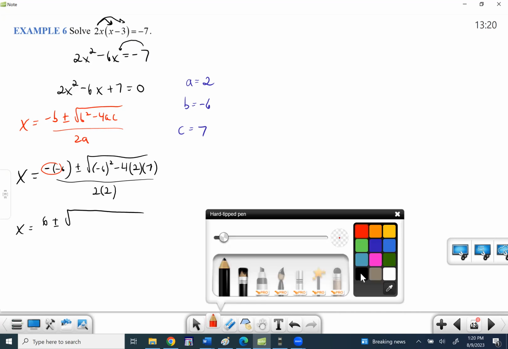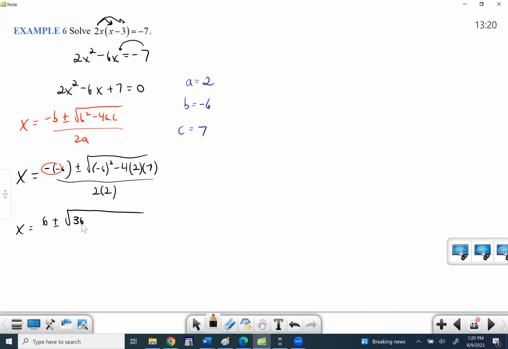And then inside the root, -6 times -6 is 36. And we have a minus sign, and we're just going to multiply all three of these numbers. So 4 times 2 is 8. 8 times 7 is 56. All right, 36 minus 56 is going to be -20.